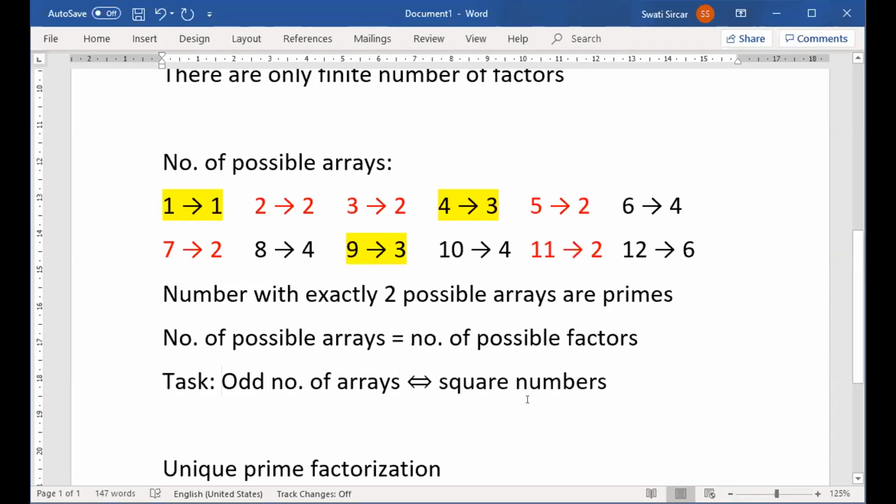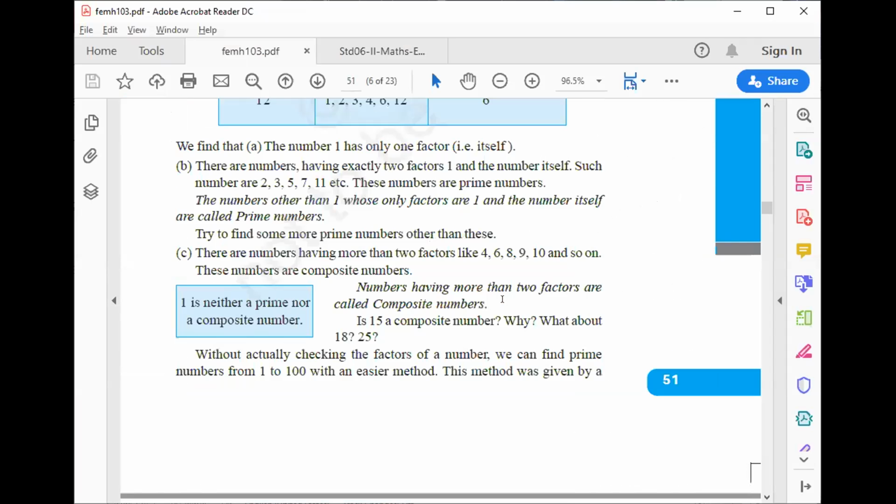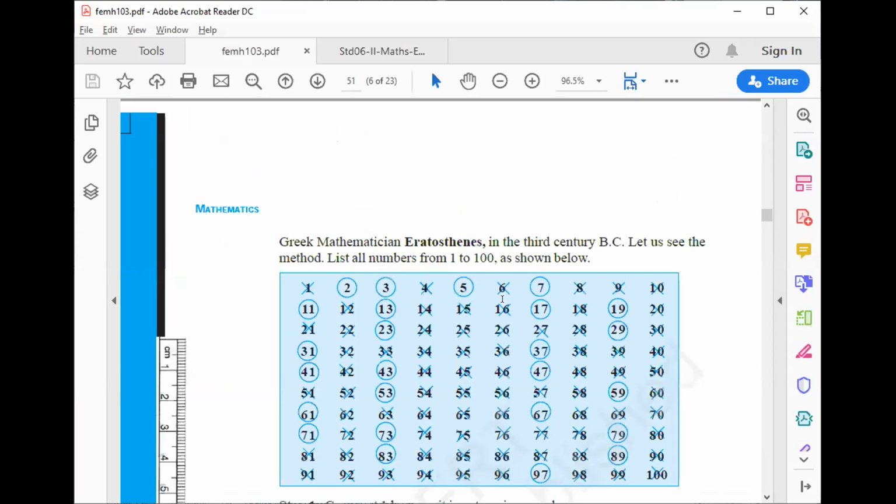Now, after this, of course, you get into the prime factorization, and let me see if any of the books use that. Yeah, this is the Sieve of Eratosthenes.